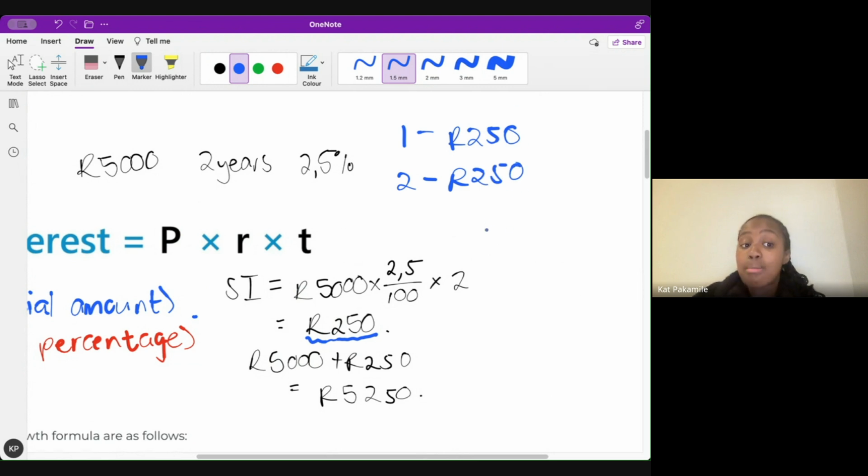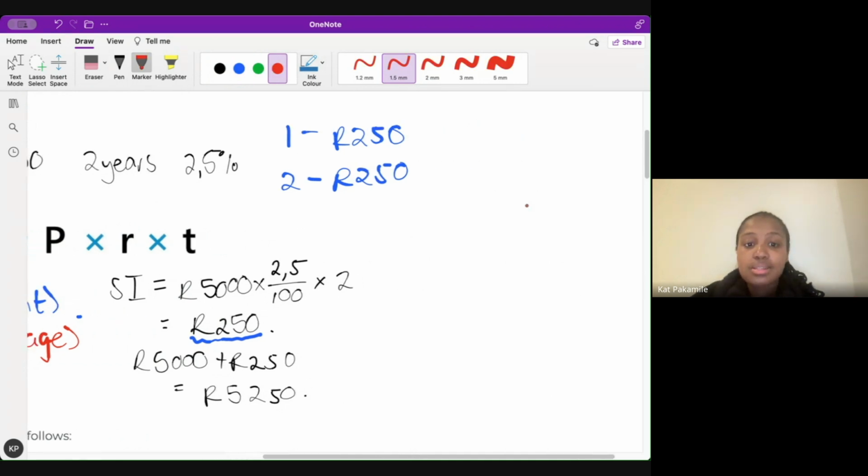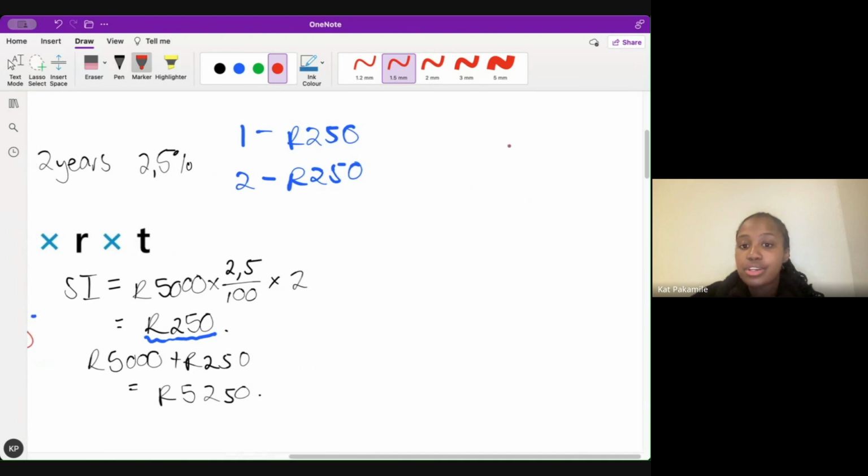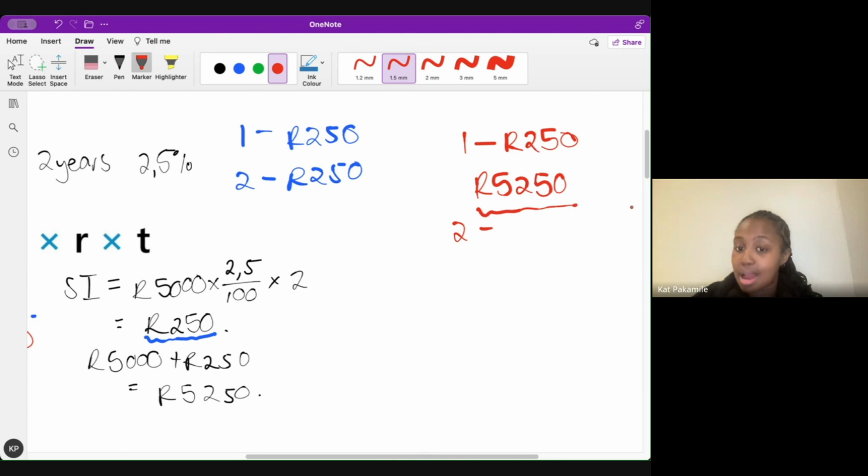Whereas with compound interest, which we are doing in the next lesson on Tuesday, compound interest says if I earn, let's say, 250 in the first year, I now have 5,250 in my account. In my second year, I will earn 2.5% of 5,250. Are we with me?